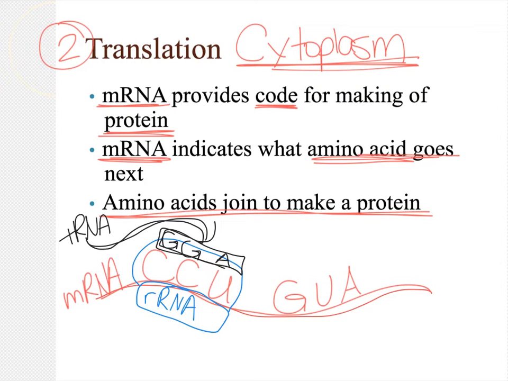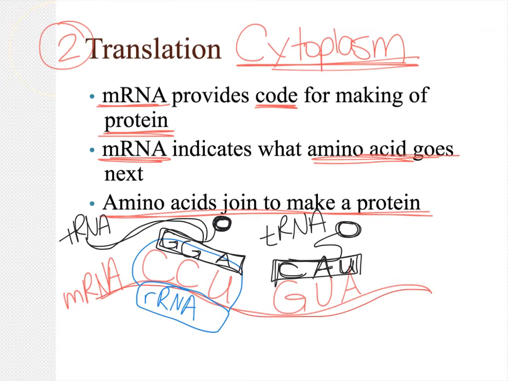And so this particular tRNA is carrying a little amino acid right here. And then a different tRNA has to come over to match correctly with the GUA. And the tRNA that comes over is going to be the tRNA that has CAU on it. And so this tRNA comes on over and he brings an amino acid.